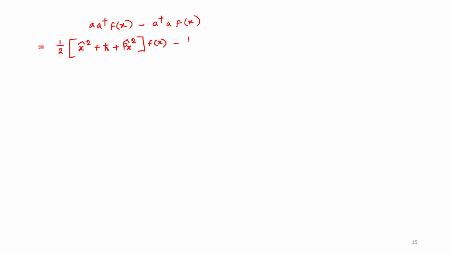And here we have minus half x square. Here we got minus h plus px square f of x. So it is clear that this plus x square and this minus half x square are going to cancel, right?